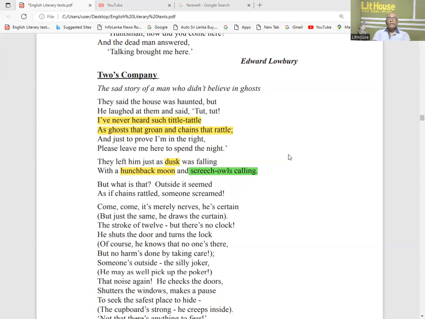Full stop. The screech owl's calling is an auditory image related to ghosts.